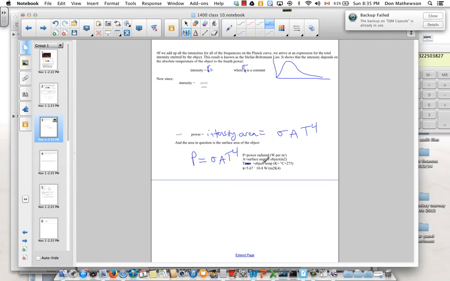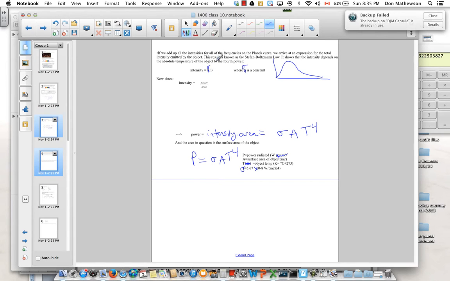T is the object temperature in Kelvin, so you take centigrade and add 273. A is the surface area in meters squared. P is a power in watts, not watts per square meter, but watts. And this little sigma is 5.67 times 10 to the minus 8 watts per meter squared Kelvin to the fourth. That's for an ideal radiator.